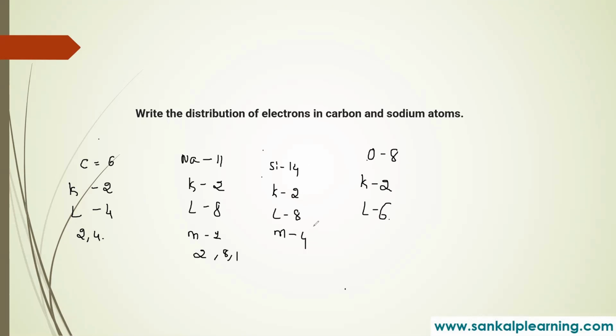Therefore in the M shell we take 4, correct? So the electron distribution for silicon is 2, 8, 4. The maximum number of electrons in the M shell is 18. This is how we show the electron distribution for different elements.